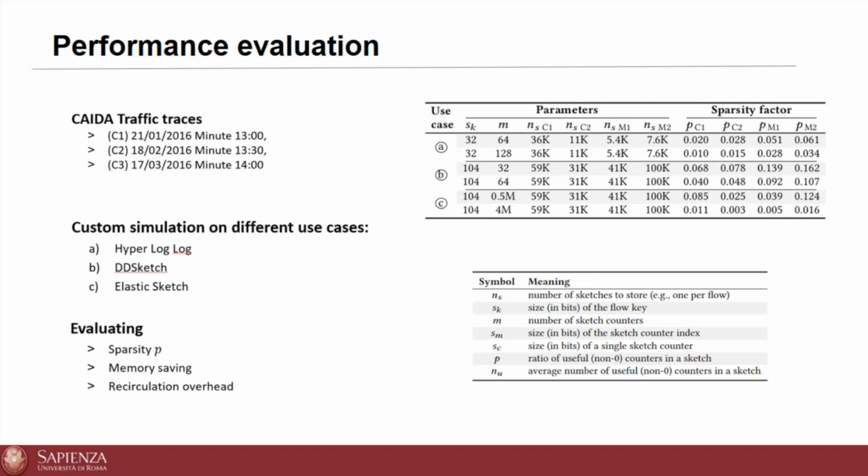At first, we computed the sparsity on the baseline implementation, then computed what memory saving we could obtain using SPADA, and also evaluated the recirculation overhead introduced by employing the Cuckoo hash table.